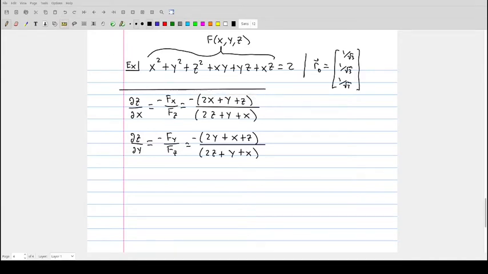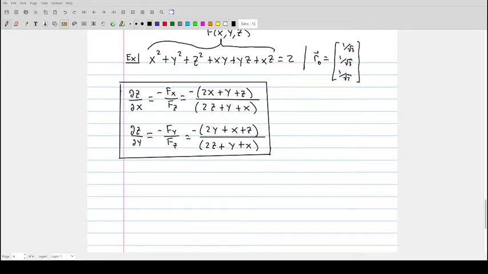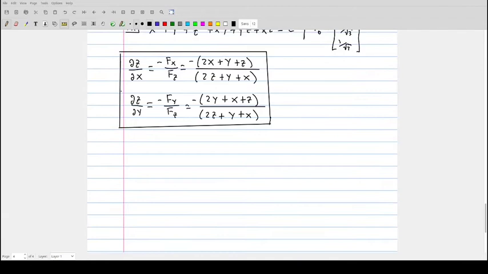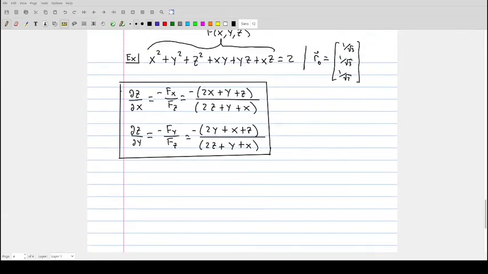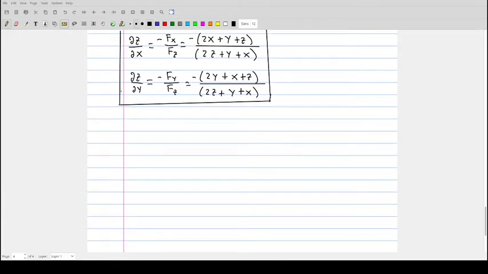So in general, for any point on this level surface, this would be how you get the partial derivative of z with respect to x and the partial derivative of z with respect to y. So we can take these two expressions, and what we're really interested in is what this value is at the specific point on the surface that we're talking about.